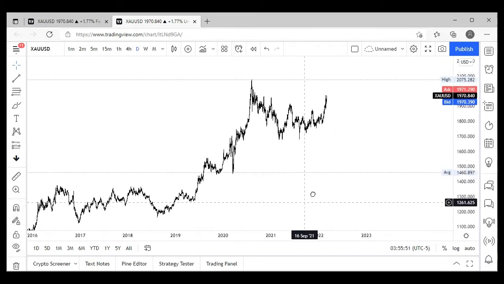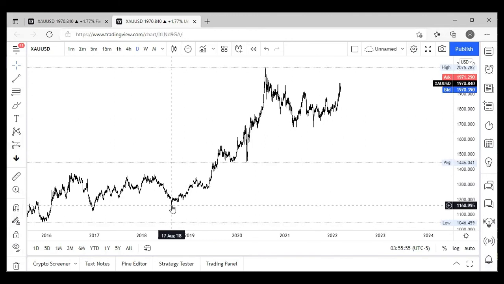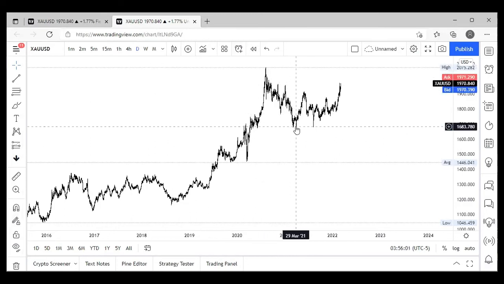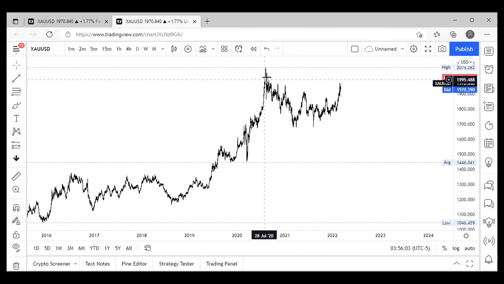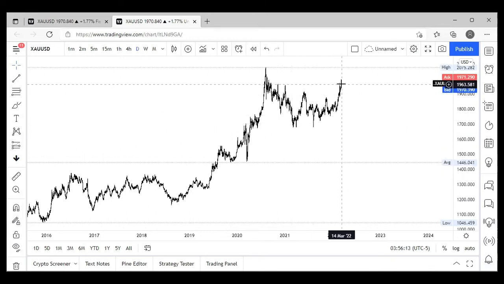We can see gold from 2018 has been on an uptrend. Then in 2020, it started to retest or pull back in price or drop. Then we formed a level here where gold just stopped moving down, and then we've been bullish ever since 2021, and we're still bullish.